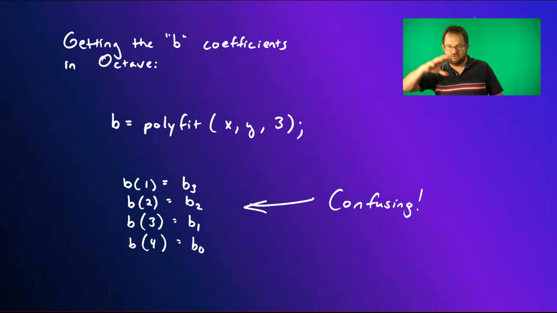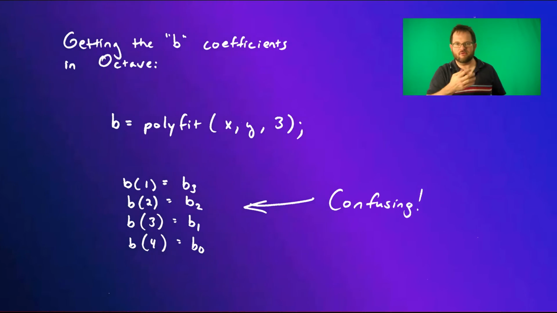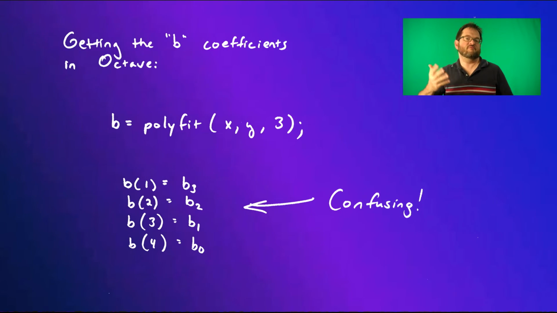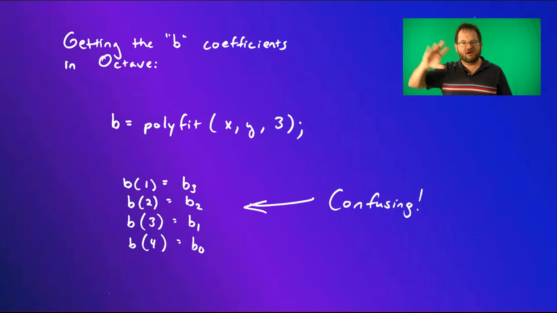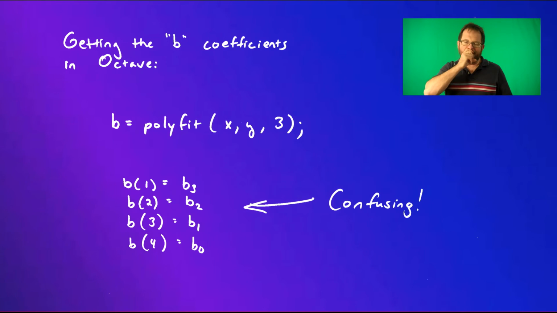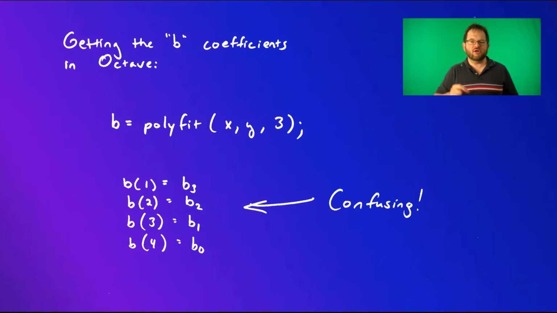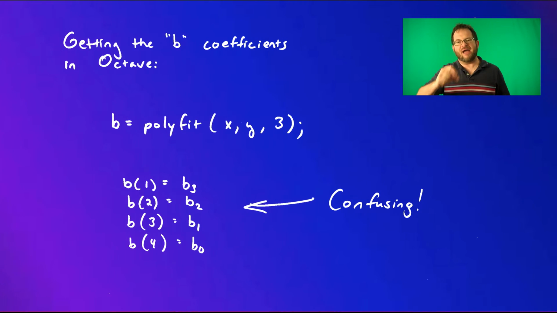Now, that's the right-hand side of the equation. The results will get put into the left-hand side of the equation, which I right now have put as a variable called b, but b will be created and become whatever the order of our equation is, plus 1. Now, I have no idea why Octave does it this way, but it puts the coefficients in backward.